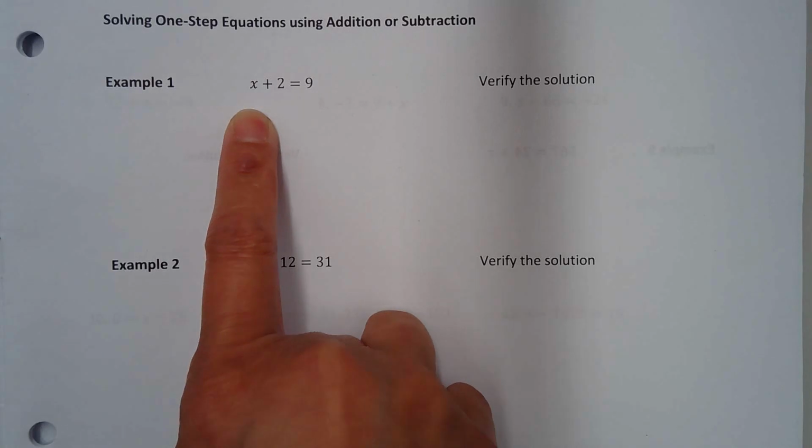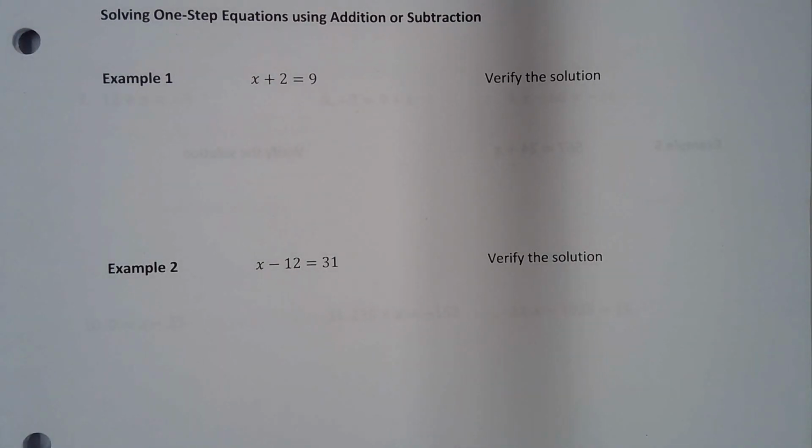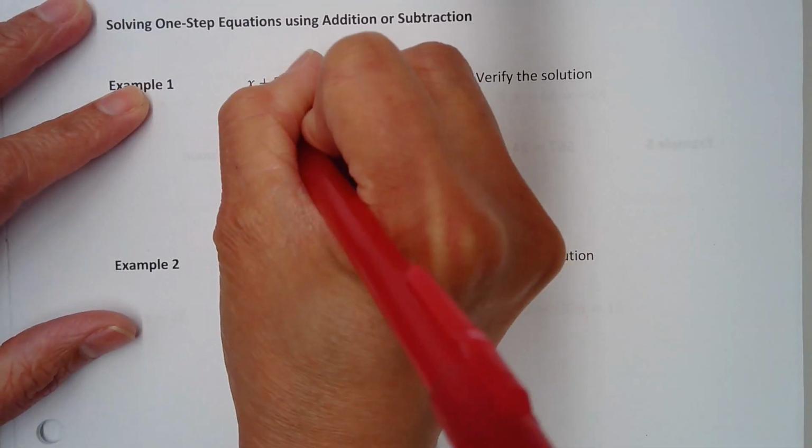So what are we going to do? We're going to solve it by doing the opposite. I see adding of 2. To do the opposite would be subtracting of 2. So, I know you know the answer, but get into the habit of this. So subtract 2.